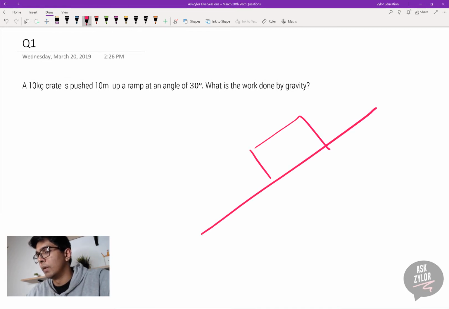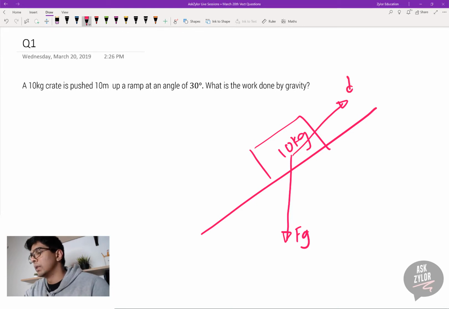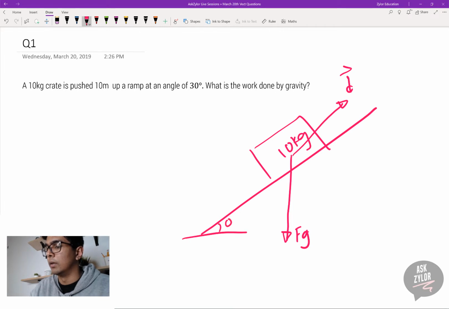So we have a crate which is 10 kilograms, right? We have gravity acting downwards and we're pushing it up. So distance is up this way, and then we have an angle of 30 degrees.